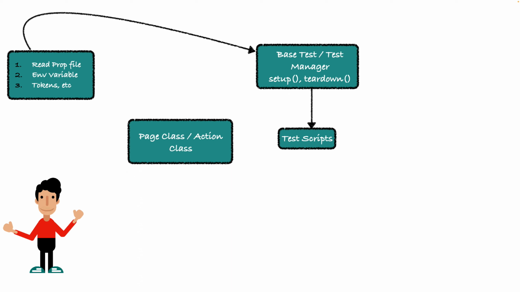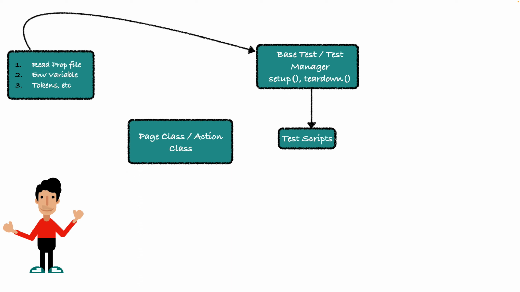Now the next is the page classes and the action classes. As we are following the page object model approach, we will have classes with respect to each page present on the UI, and these classes will have all the action methods.